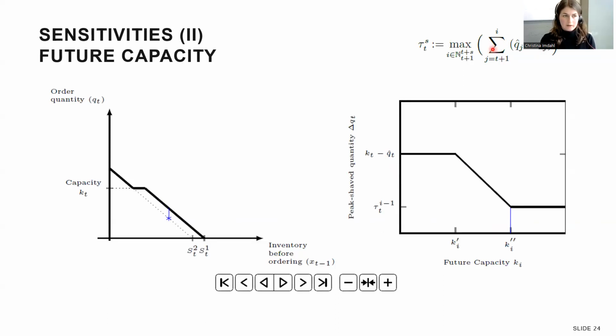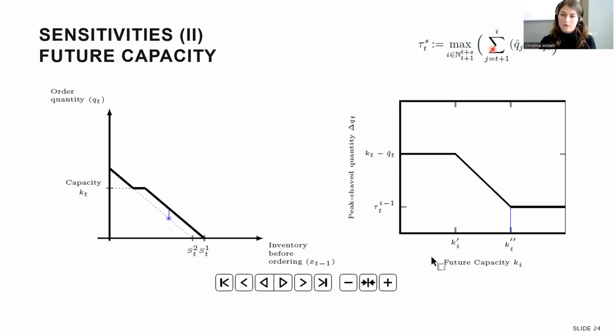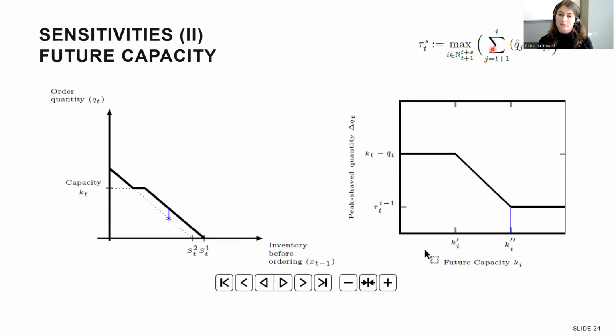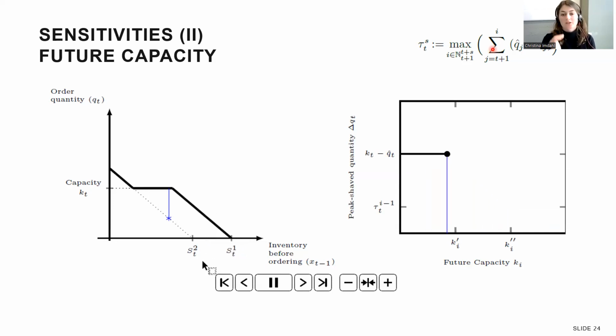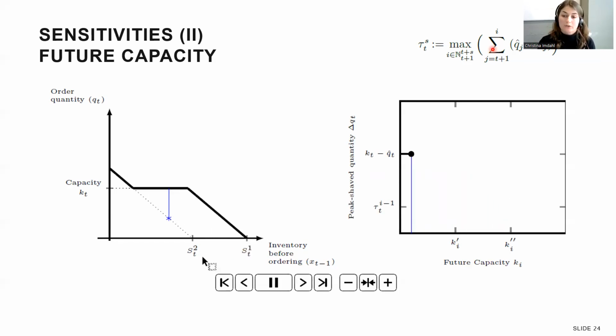So then no units from that period or any later period are being advanced to the current period. And then we only advance from period t+1 to period I, because the capacity of that period I is getting so ample that it can swallow every peak demand that is occurring in the periods after period I.